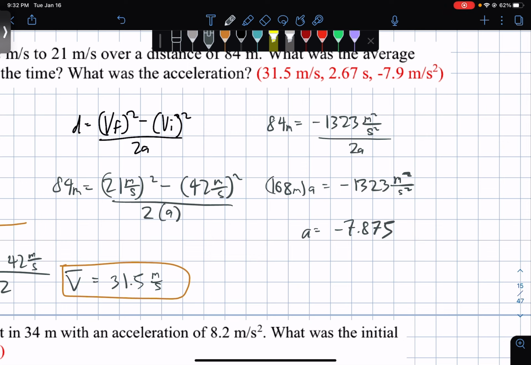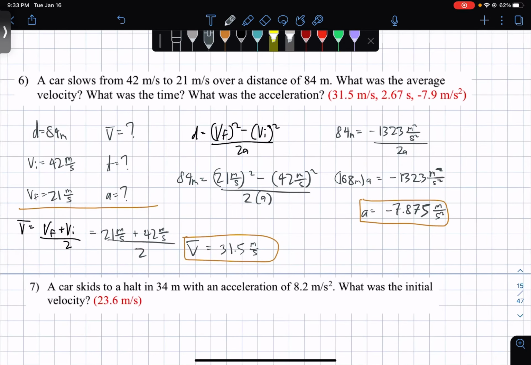And what happens with the unit? We know that acceleration is meters per second squared. So apparently, the meter squared and the meter here should cancel. We are left with the unit meter per second squared, henceforth. Fancy word, but that's for acceleration.